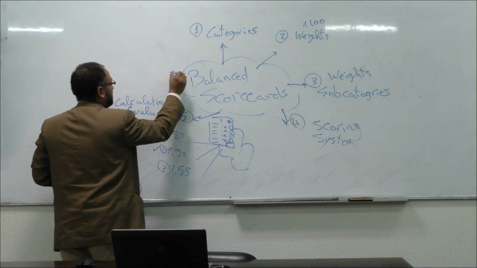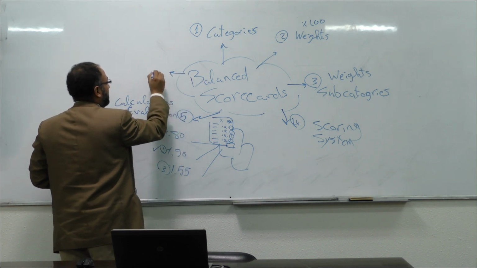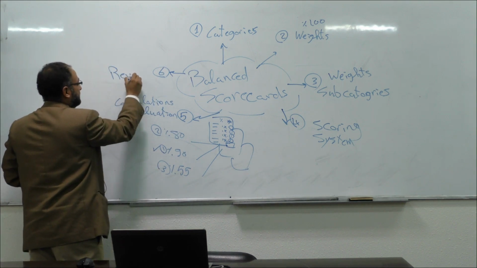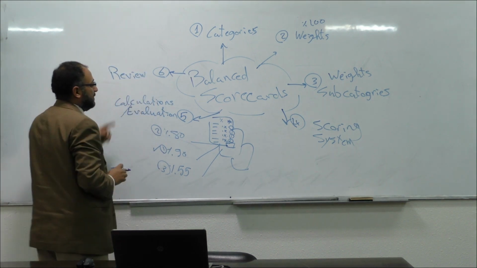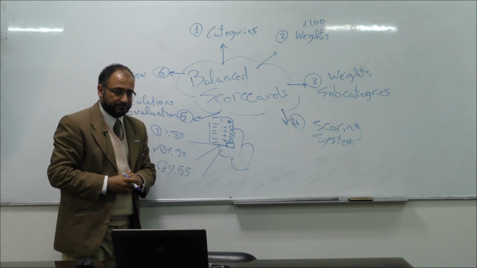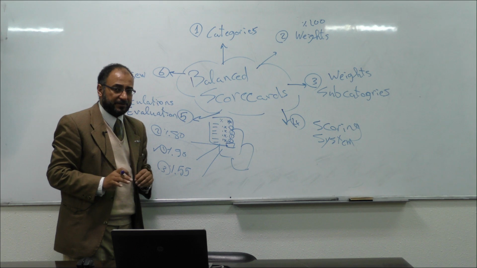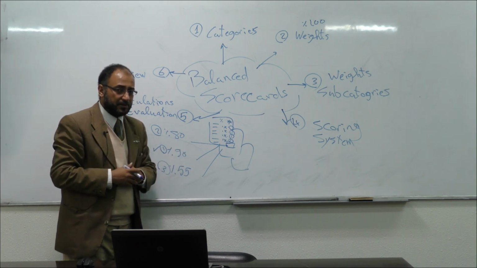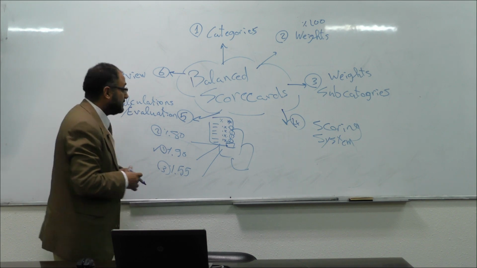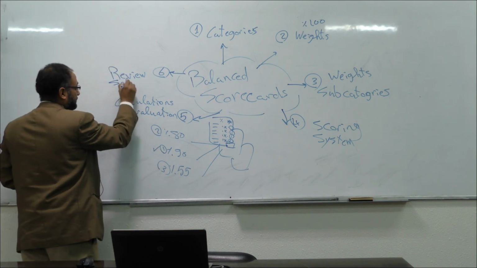And step number 6, here we have reviewing the results that is given in the scorecards. We want to make sure all the numbers are written, all the calculations are okay, so we are reviewing the work. And making the selection.